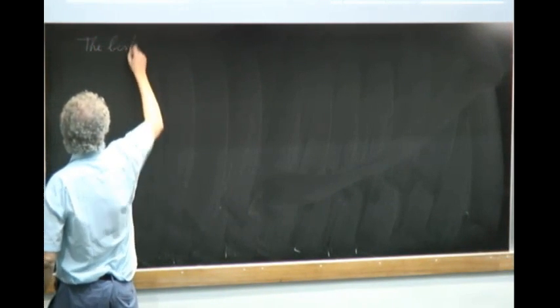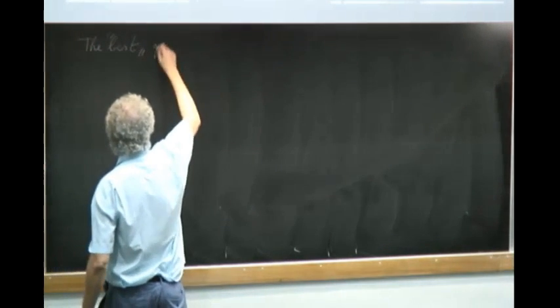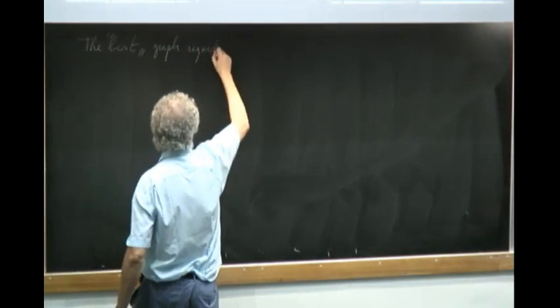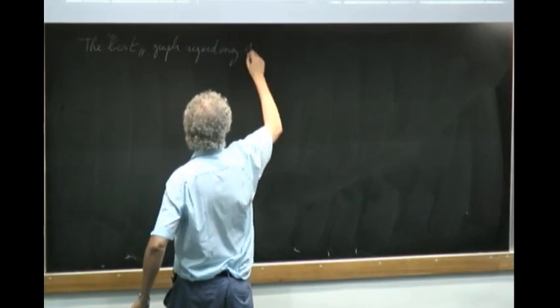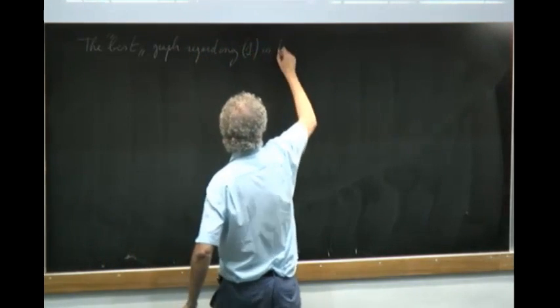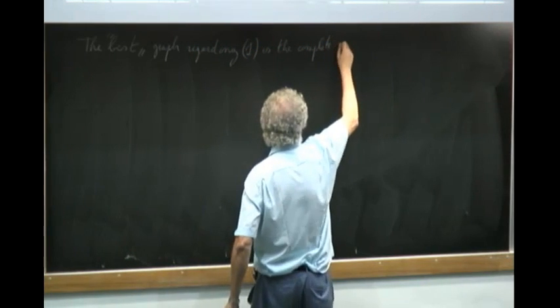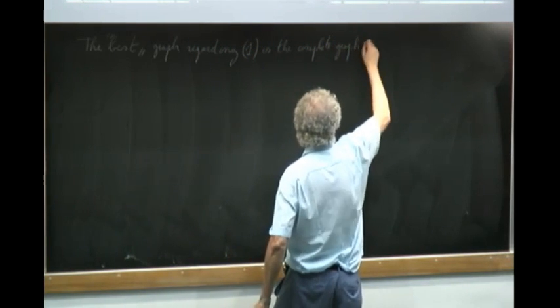So the best graph regarding the first constraint is the complete graph, K sub n.